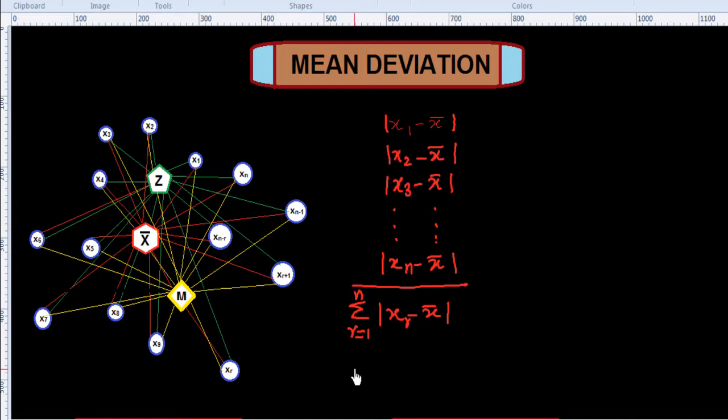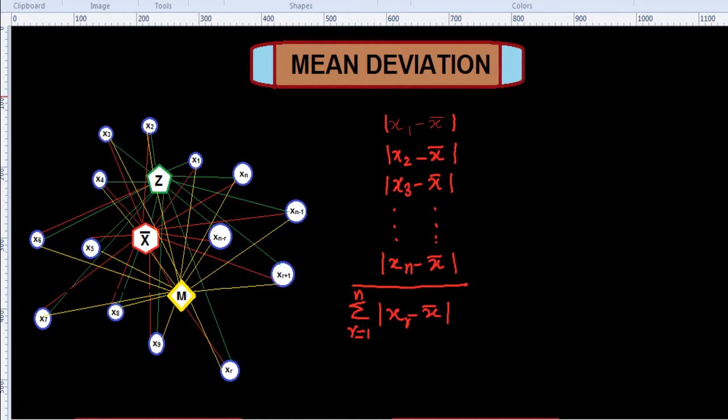Now this is the deviation from the assumed mean, and we have to find the mean deviation. If we divide this sum of deviations by the total number of deviations, we get the mean of deviation.